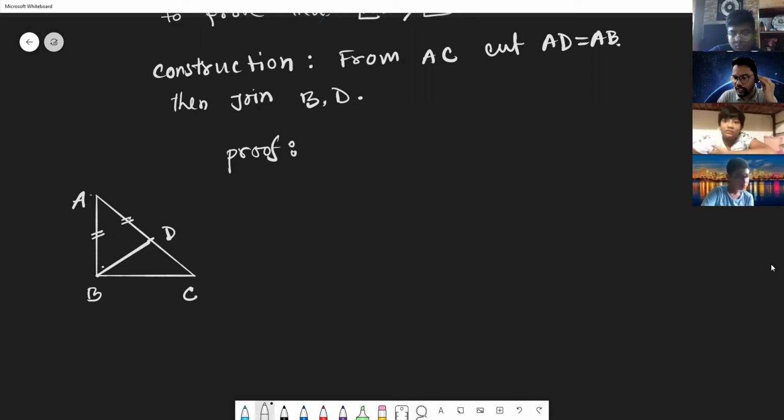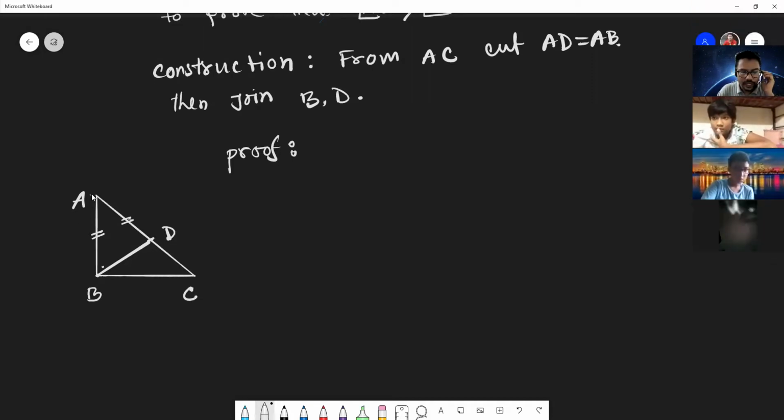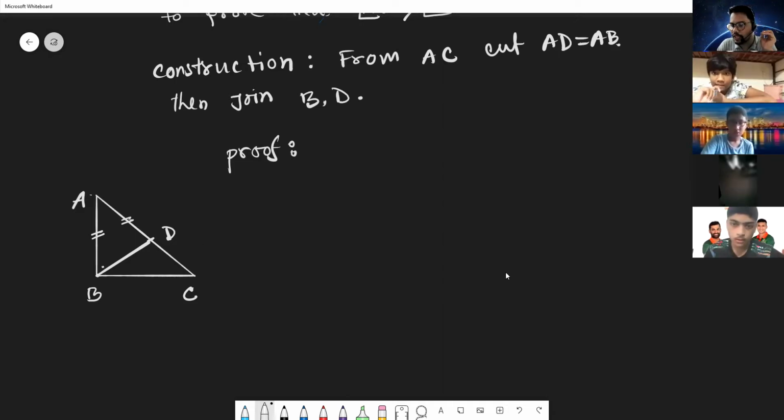Please speak loudly. Isosceles triangle, because here two sides are equal. Yes, two sides are equal. Is there any relation between the angles when two sides are equal? There will also be two angles the same. In an isosceles triangle, two angles are also the same.